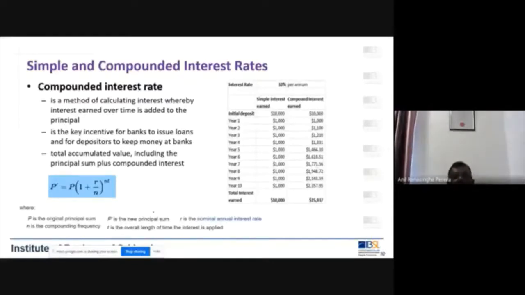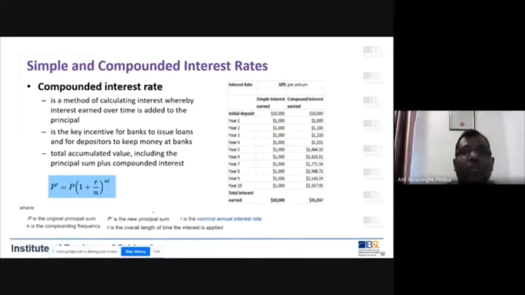That is basically to give some incentive to provide loans for the borrowers, and they can earn out of those loans because interest on interest is charged. On the other hand, you encourage depositors to retain their money in the banks. When you have compounded interest rates on deposits, people would like to keep their money in the banks because you earn interest on interest for that deposit.